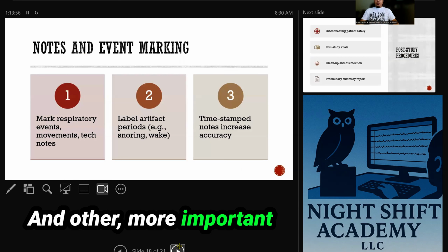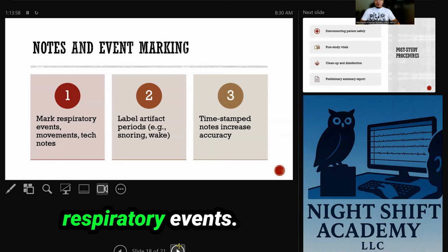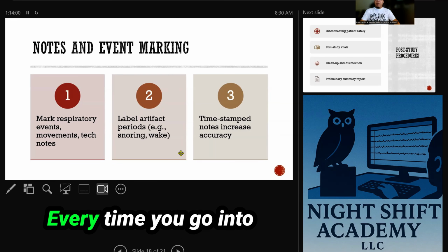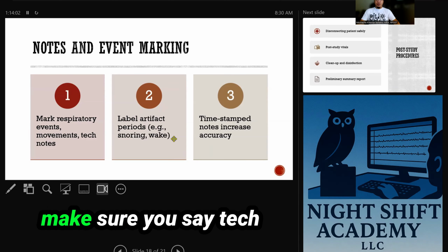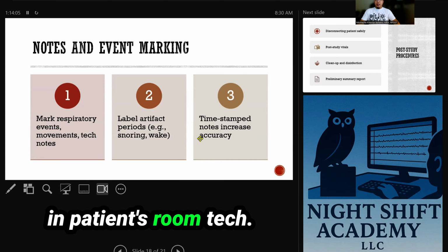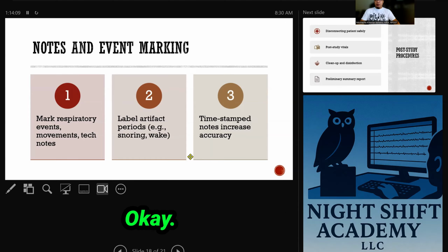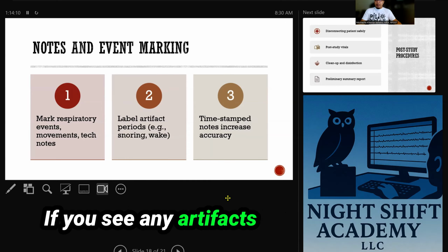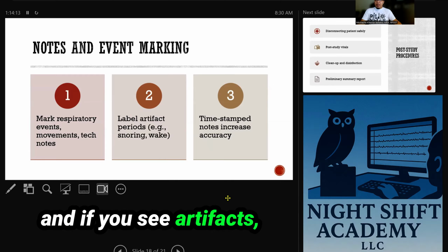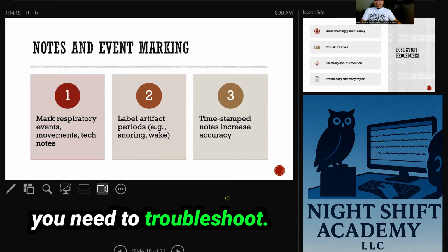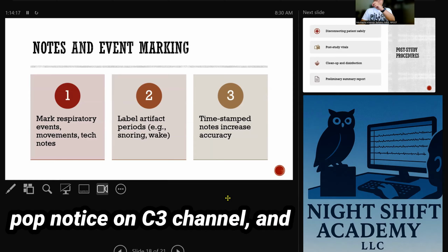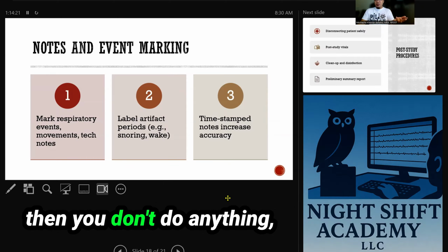Other more important things to remember are your respiratory events, movements. Every time you go into the patient's room, make sure you say tech in patient's room, tech left room, or tech out of room. Okay? If you see any artifacts, you need to troubleshoot. You don't just say electrode pop noticed on C3 channel, and then you don't do anything.